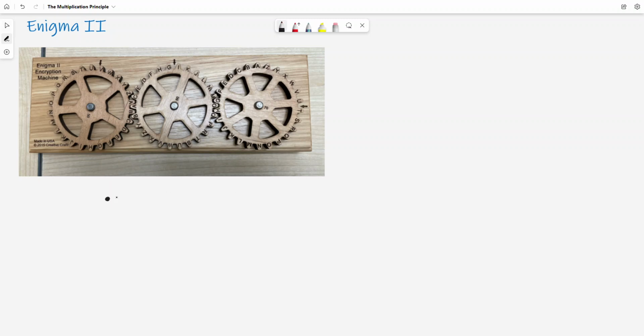Okay, so in any case, we can think of it like this. First off, we have to make note that the order definitely does matter. The next is that there are 26 letters. And then the next is that there are 3 spoke wheels.